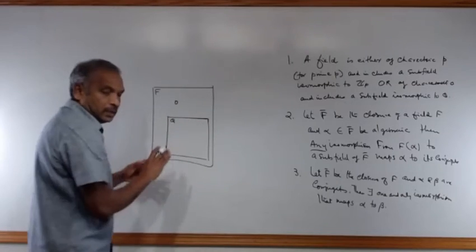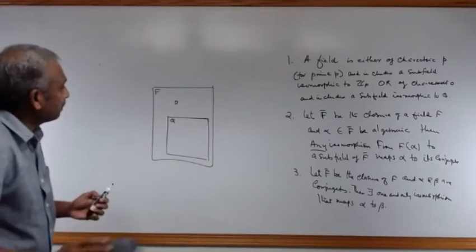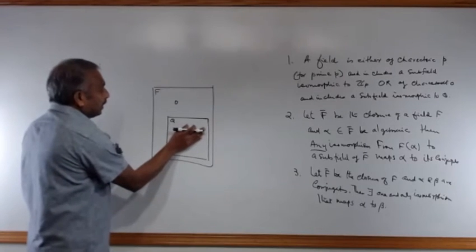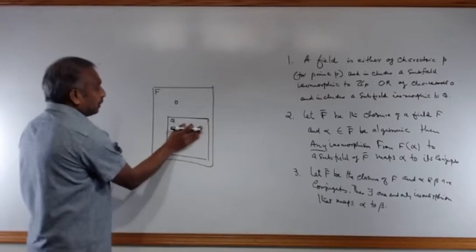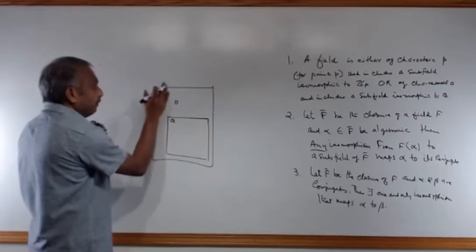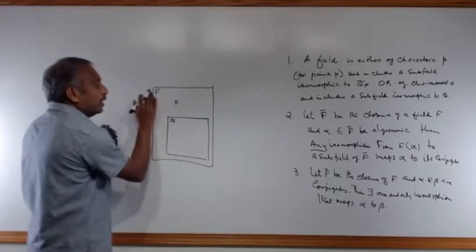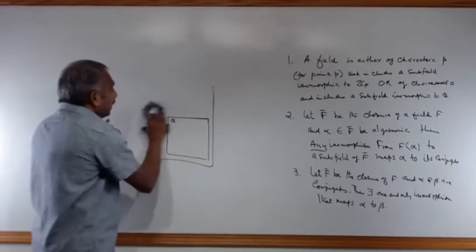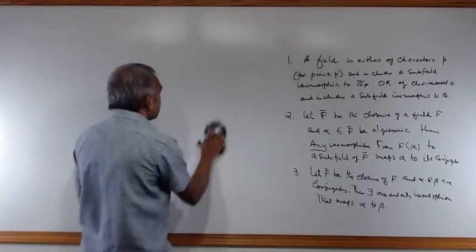So it's a good idea to start with Q, because you are going to have a lot of fields that contain Q. All infinite fields contain Q. So let's start with this very trivial example.